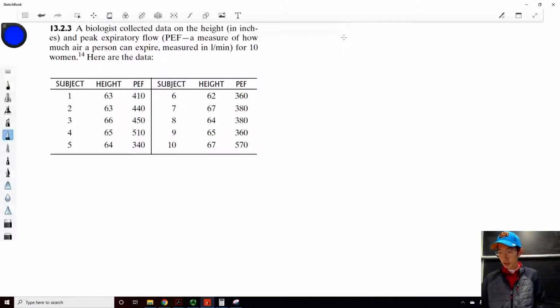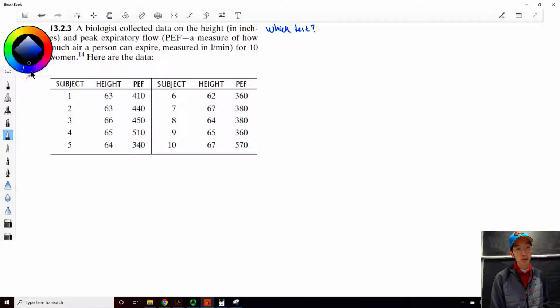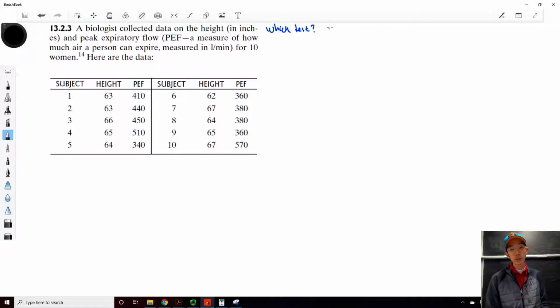What's the appropriate test here? Okay, so what kind of variables do we have? Yeah, we have 2 numeric variables.